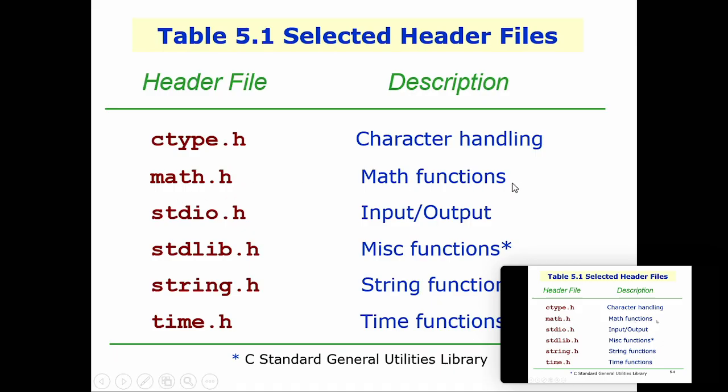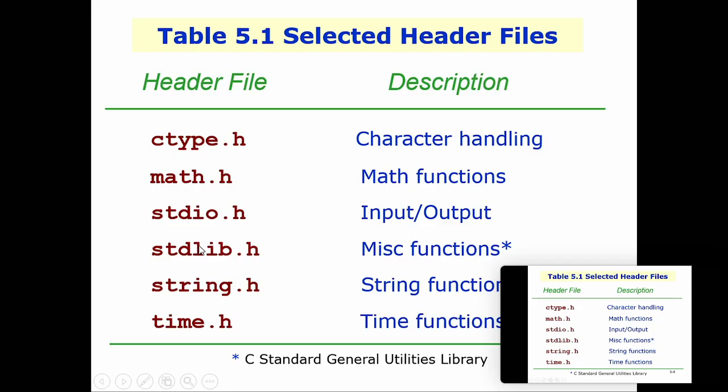It contains a lot of math functions like sine, cosine, exp, log, sqrt, square root, right? stdio, this is a basic header file. Every time you write your C program, you start by loading this stdio. And stdlib, the standard library, contains miscellaneous functions, various.